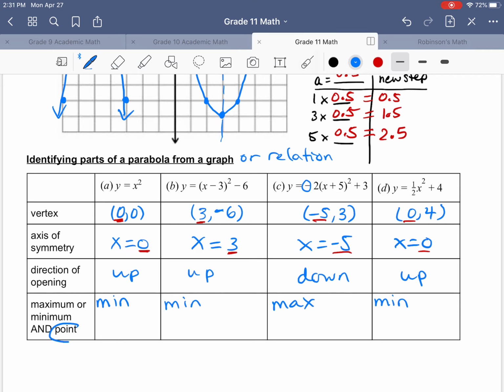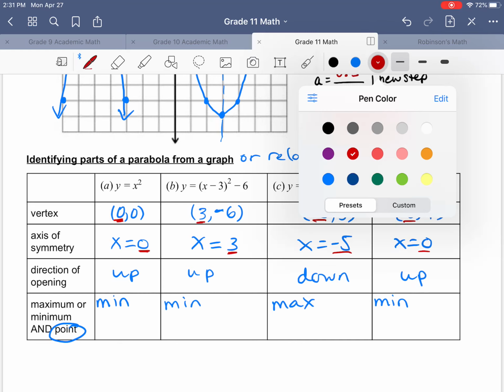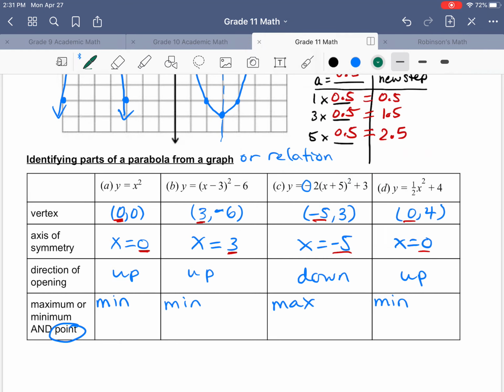Now, we're also asked to do the point. This point is a y coordinate, because the y gives either the highest or the lowest, and it's going to be the y coordinate of the vertex. So for our first one, we have y is equal to 0, and this is going to align with the y coordinate of the vertex there.